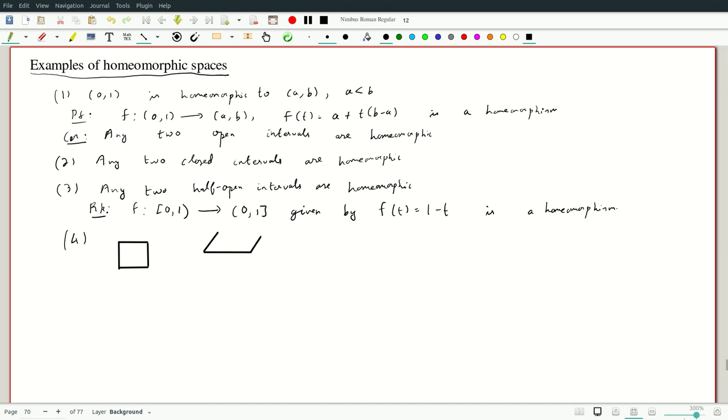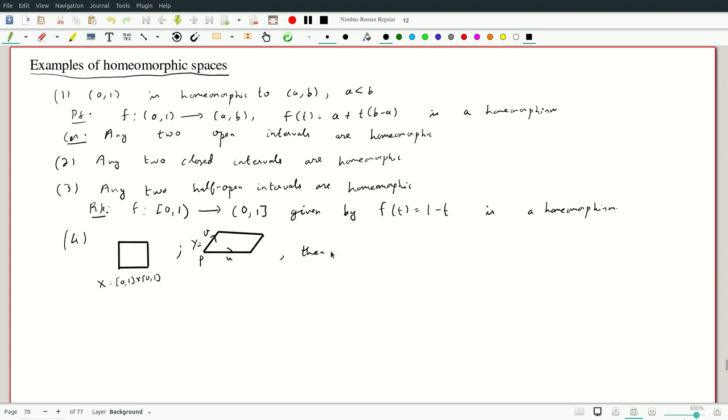So let's give them names now. This is X, which is (0, 1) cross (0, 1), and this is Y, which is a parallelogram. I'll call this point P, this vector u and this vector v, and we'll use vectors.